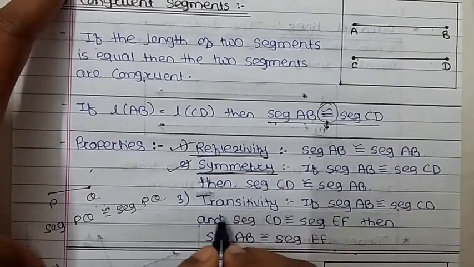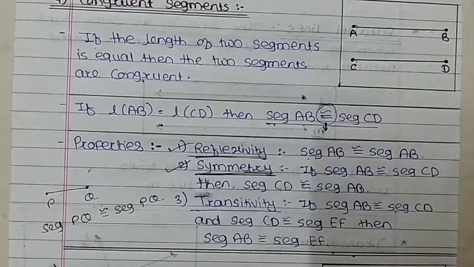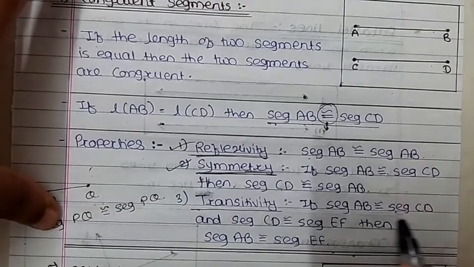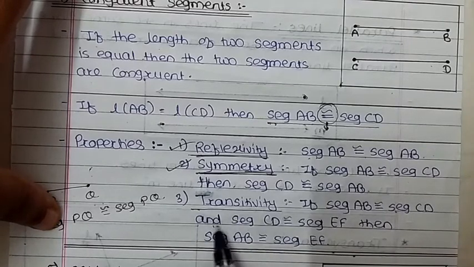Next, the third one is transitivity. If segment AB is approximately equal to segment CD, and segment CD is approximately equal to segment EF, then we can say that segment AB is approximately equal to segment EF.